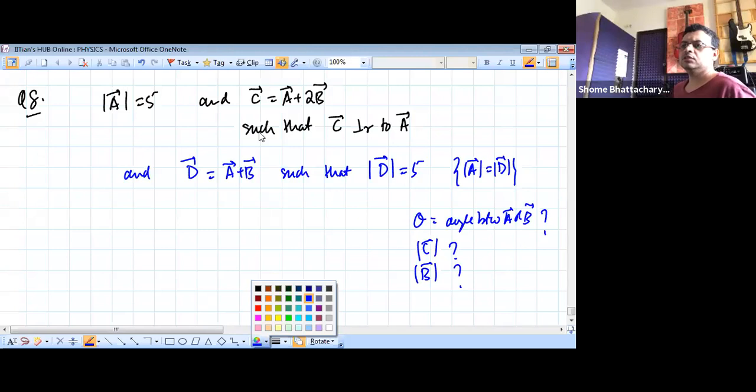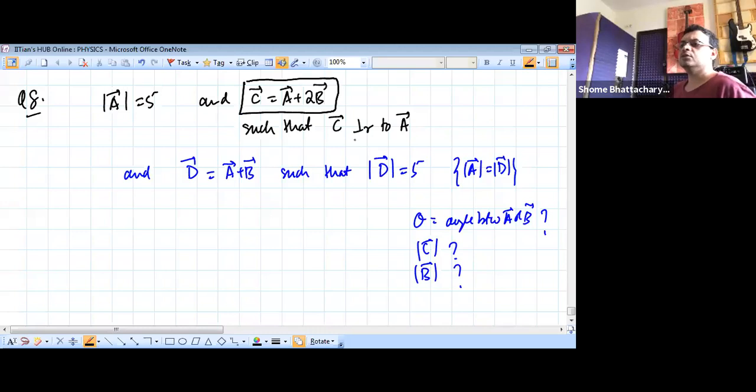One is the information given about C. And if you think about this triangle, because C is perpendicular, this will give us a right angle triangle. So it's very easy.